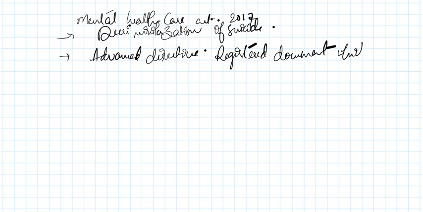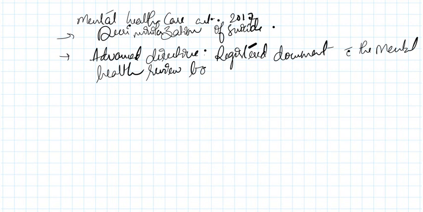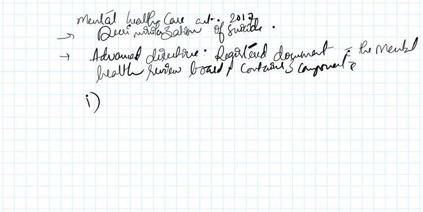So what are those 3 components? Now write it down. The first one is how you want to be treated. The second one is how you don't want to be treated. And the third one is who is your nominated representative.